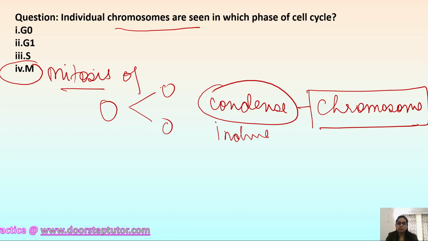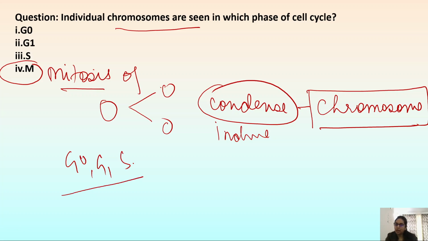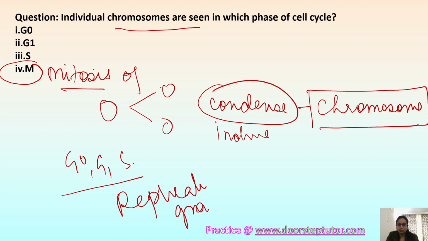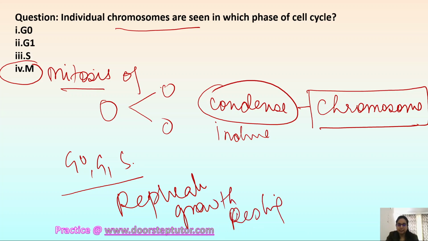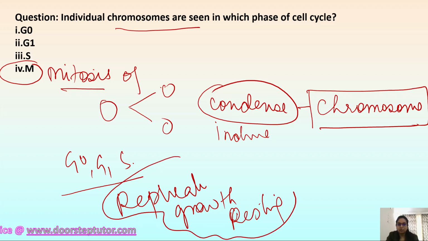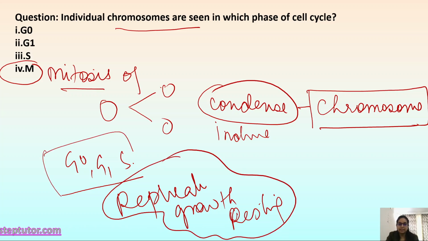In contrast, in the other phases, G0, G1 and S, the chromosomes are not as condensed or visible because they are in a state of replication, in growth, or, in G0, in the resting stage. That is why the chromosomes are not visible in these stages.